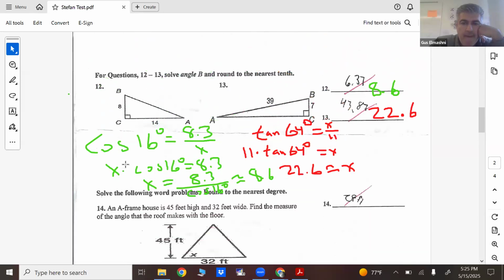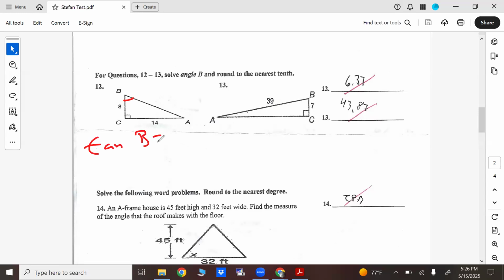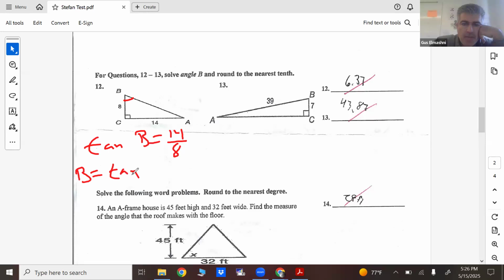Yeah. All right. Now here you're gonna have to do an inverse trig function. So you want to solve for angle B. Tangent of B, to get B is inverse tan. And here, cosine B is 7/39.